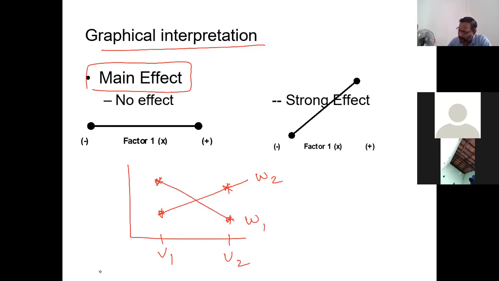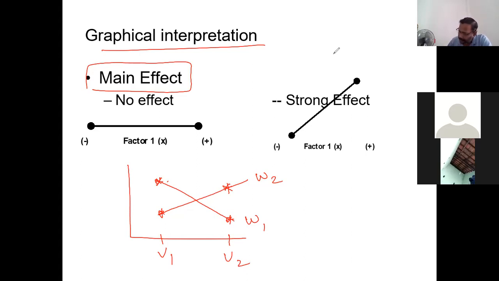These are the response. Now, look at this example. I'm just showing the example of main effects. So tell me, what is the average of V1?